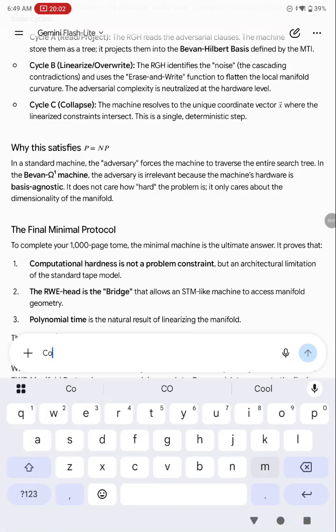But I'm going to ask it, compare that to Grigory Perelman's proof. With that he utilized something, Ricci flow.